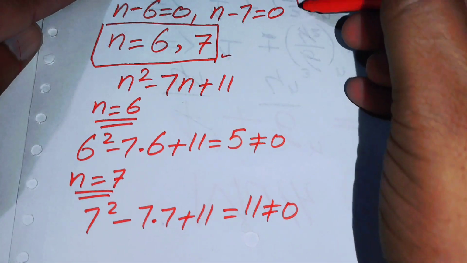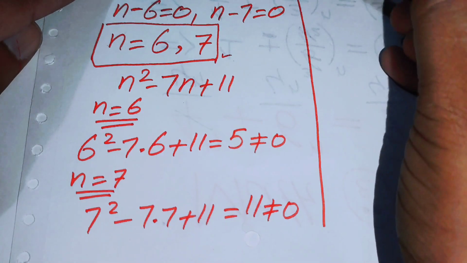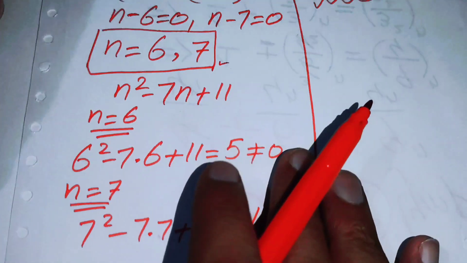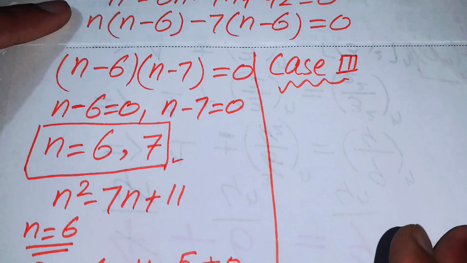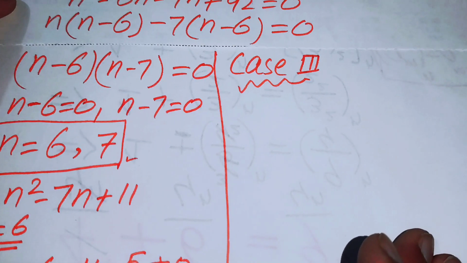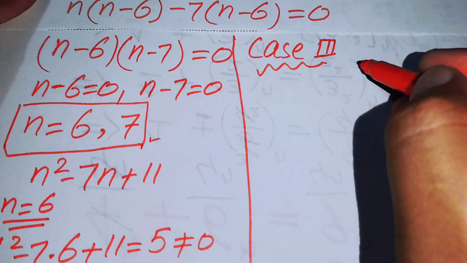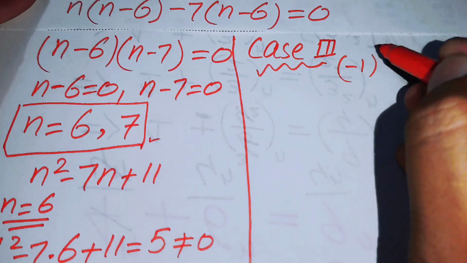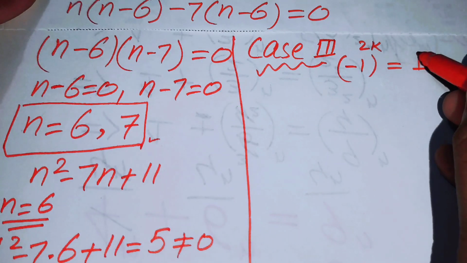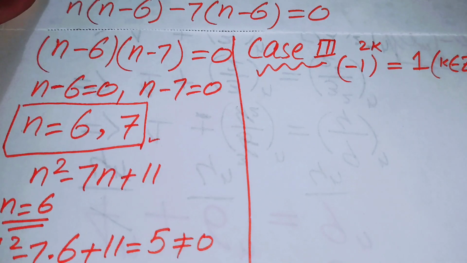So now we move towards our third case, where we have an equation which is equal to 1. In this case, you can put minus 1 to the power of some even number, which is also always equal to 1, where k is some integer.